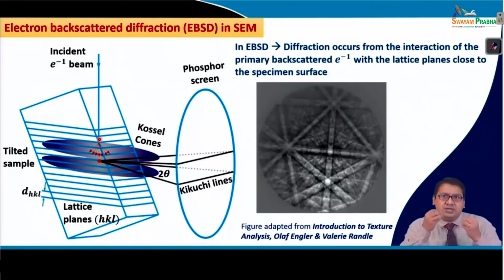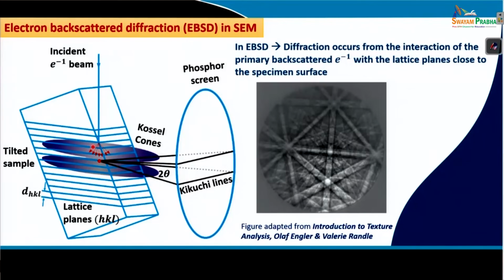As I said, the electron beam has a diameter of a few nanometers. Now, you see when multiple scattering occurs while the sample is tilted like this, it seems that the scattering is making the electron come out in all possible directions in space, as if the electron source is inside the sample. So, it seems that the electron source is somewhere here from where the electrons are coming out in all directions like this.